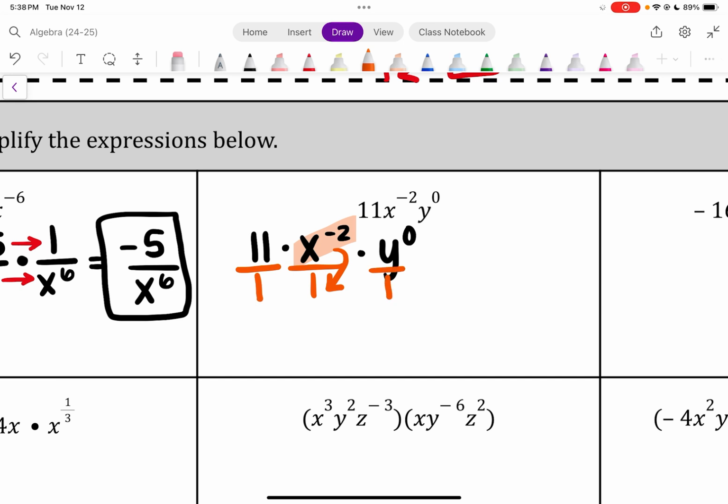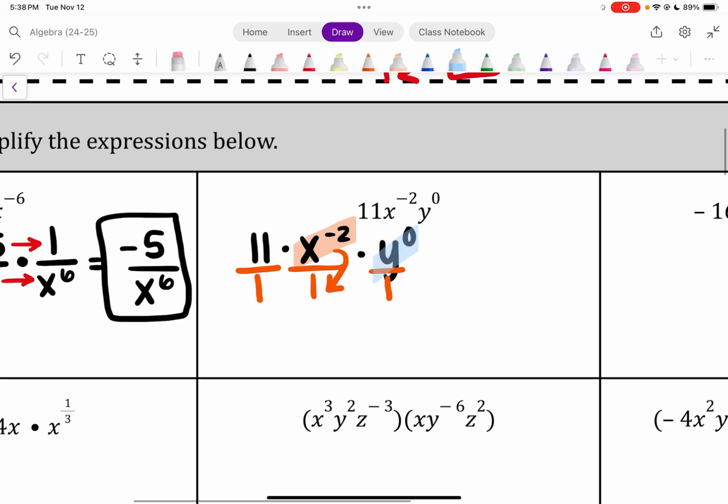If I am making that a fraction, I'm going to make everything else a fraction. But what I notice is that I have a y to the 0 right here. When we have a y to the 0, we can automatically just change that to a 1. So now I have 11 over 1 times, we flipped our fraction, so it's 1 over, it's now a happy exponent, times 1.